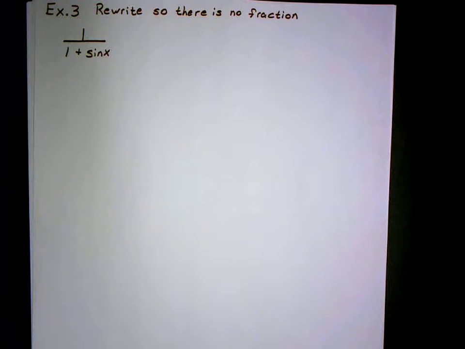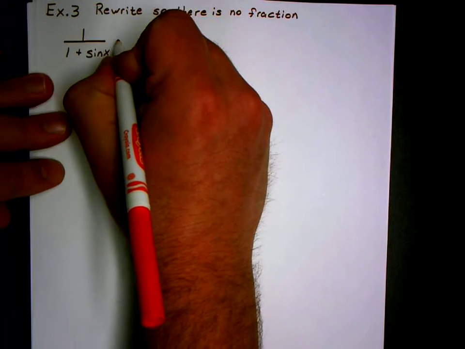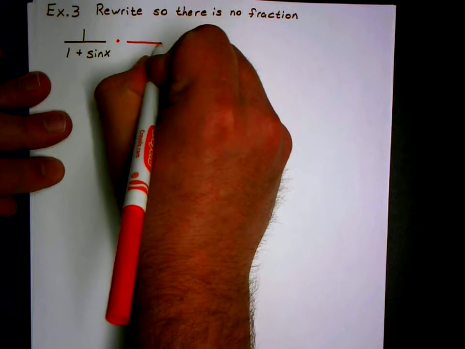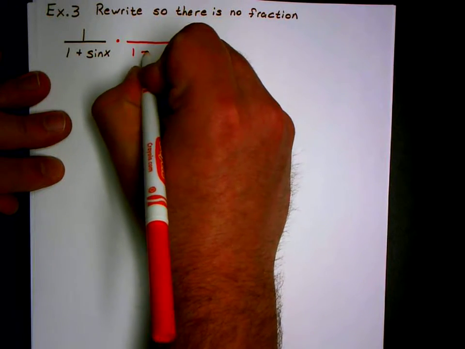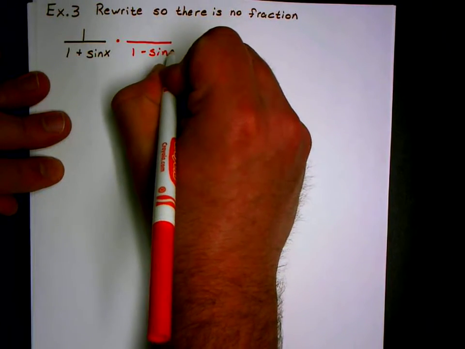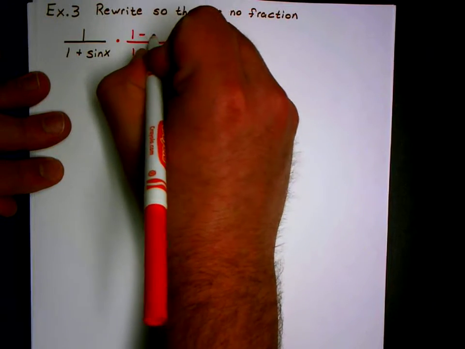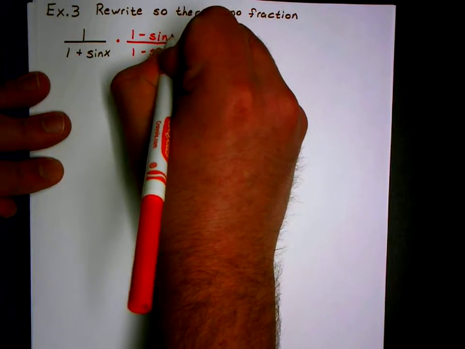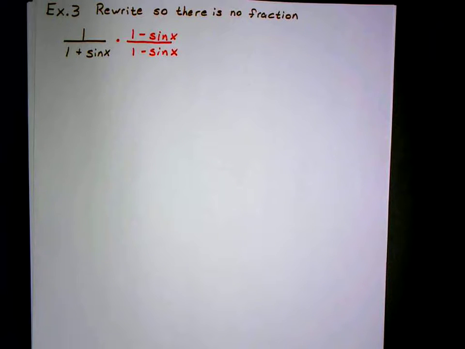We literally want to create the Pythagorean. We do that by multiplying by the same thing, just the conjugate of it, which means same thing, opposite sign.